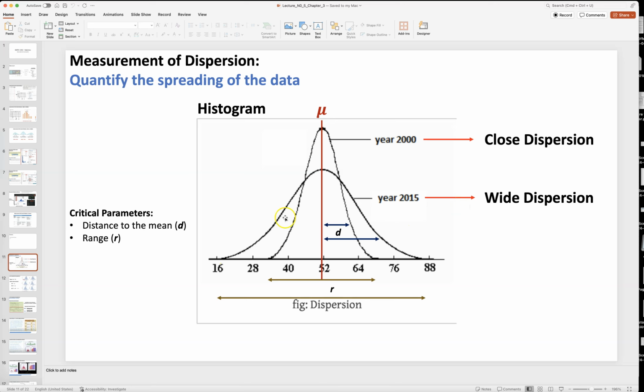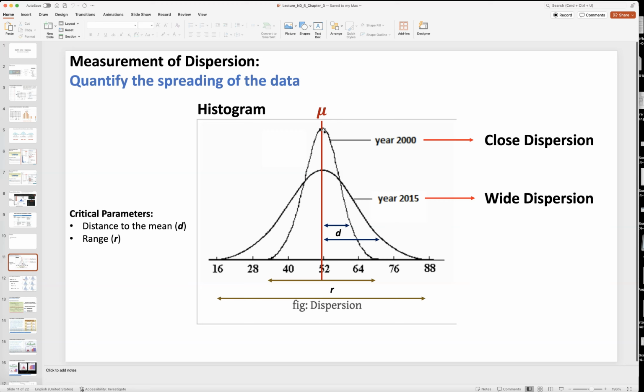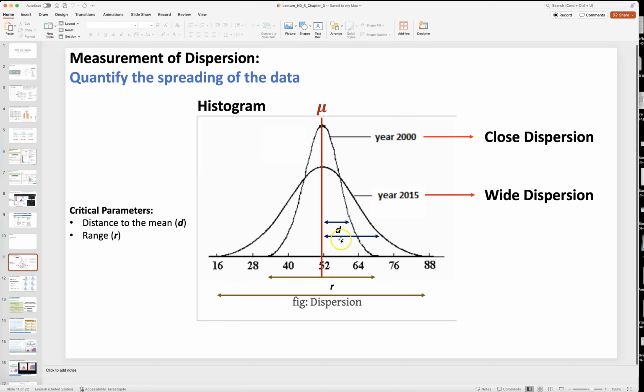If you look at the data here, the histogram is a very typical one that we will discuss later on. It's a bell-shaped histogram. This red line represents the position of the mean. That means the central tendency of that histogram is around this point. This curve, this histogram, is more dispersed, more spread out from the mean than this one.